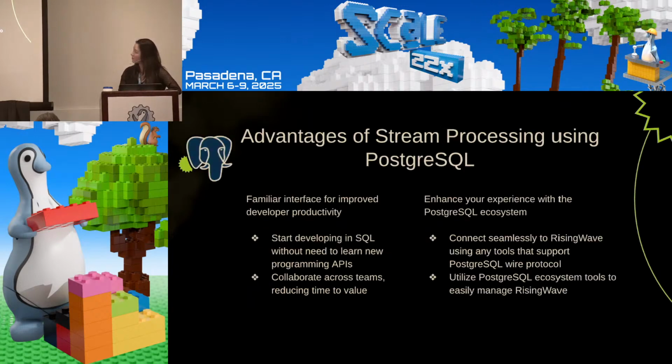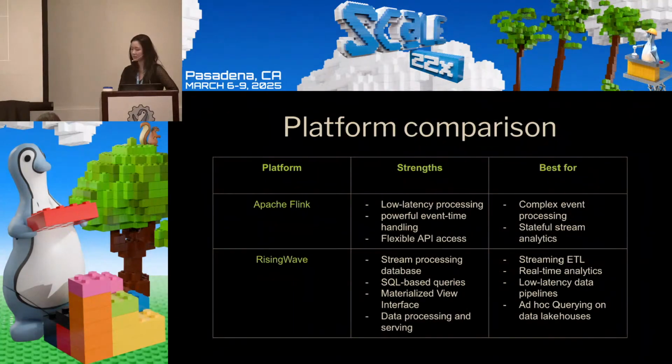And again, I've touched on quite a bit of this already, some of the advantages of stream processing using PostgreSQL, since again, Postgres is such a popular relational database. It's really easy to just get started with RisingWave, since a lot of it is going to be exactly the same.